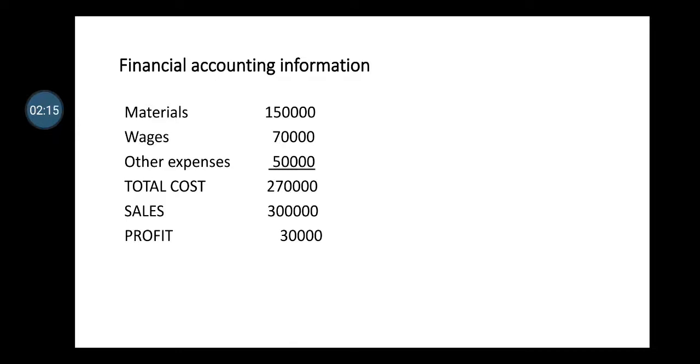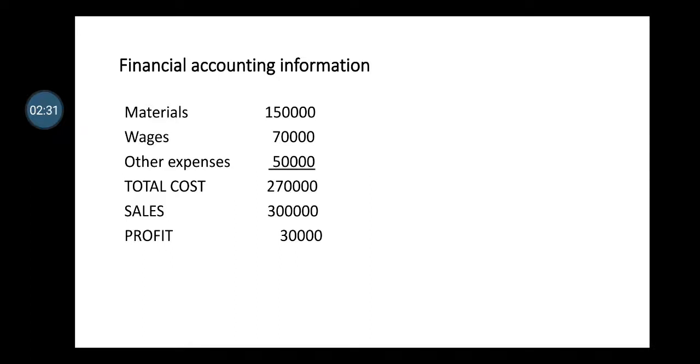For example, how much is the material cost for product A or product B or product C, or what is the sales for product A or product B is not given. So the manager is not in a position to take any decision based on this.